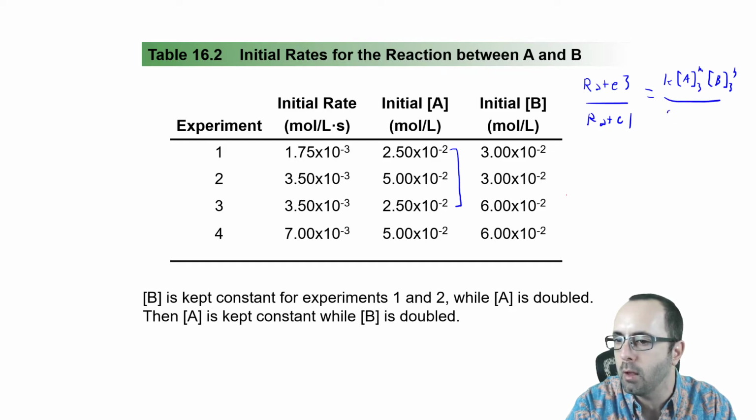And the rate in experiment 1 is k times the concentration of A in experiment 1 to the m power times concentration of B in experiment 1 to the n power.